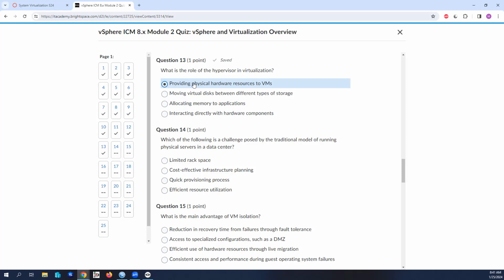So I've also noticed that the answers are out of order. Provide physical hardware resources to VMs. Yes. So don't be clicking A, B, C, D matching mine. Look and see which one it is on yours. It's probably different. Hopefully y'all have been doing that.